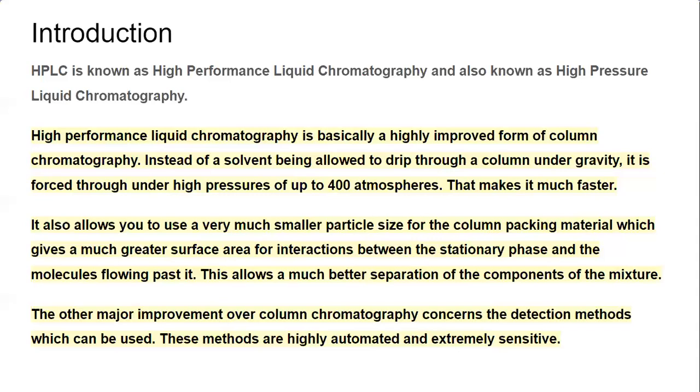The solvent, that means the mobile phase, is allowed to flow through the column by applying pressure. By applying pressure up to 400 atmospheres, the mobile phase flows much faster. That is the difference.